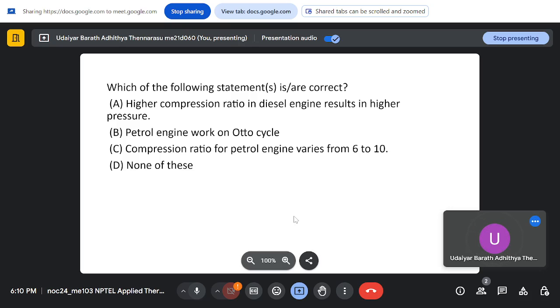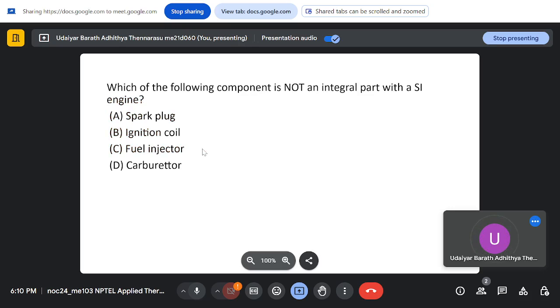That is true. It's a spark ignition engine, and Otto cycle works in this. And option C was also true. Petrol engine compression ratio will be in range of 6 to 10, and generally for diesel it will be around 10 to 14. So answer A, B, C, all three are true, are correct.